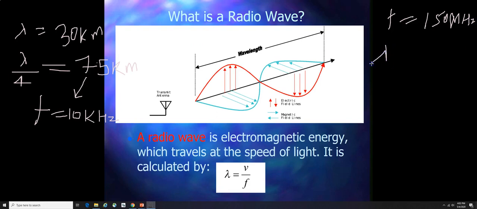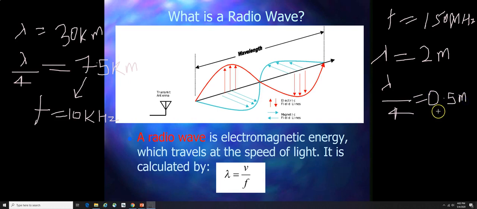So this lambda, you will use the same formula, will be 3 into 10 to the power 8 divided by 150 megahertz. If you use that, then you will get 2 meter, which is really small, and the antenna size will be lambda by 4, which means this will be 0.5 meter.